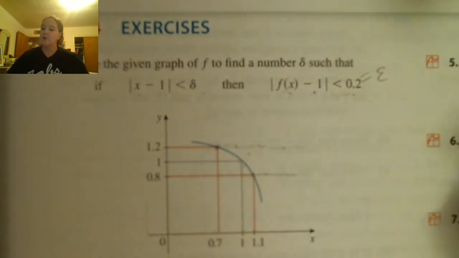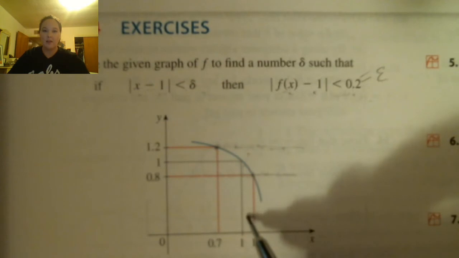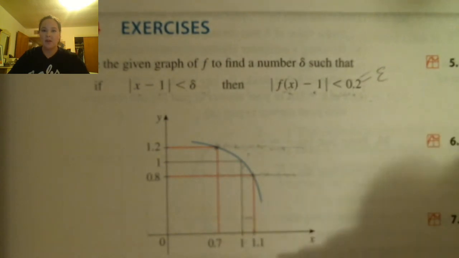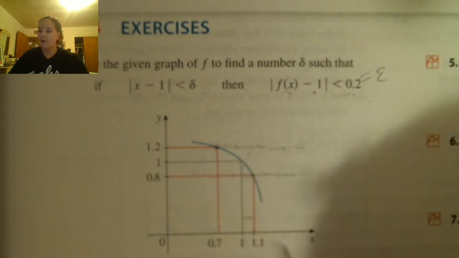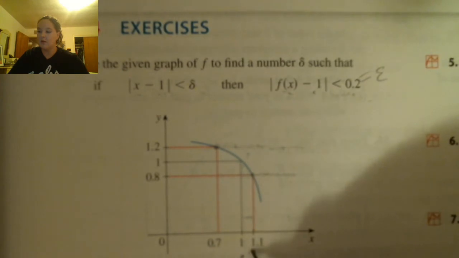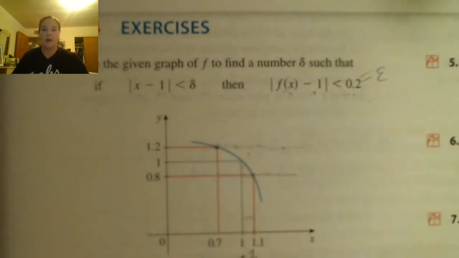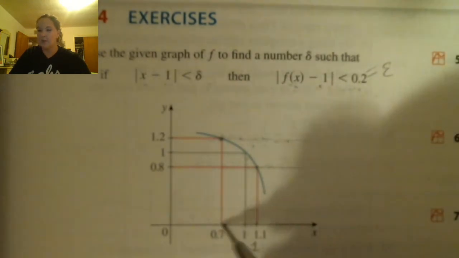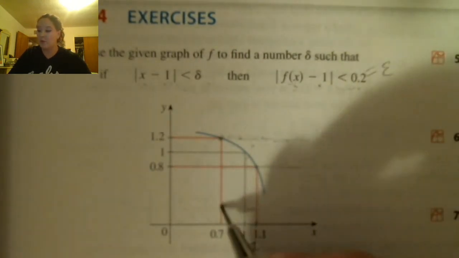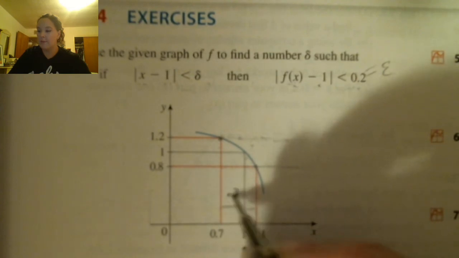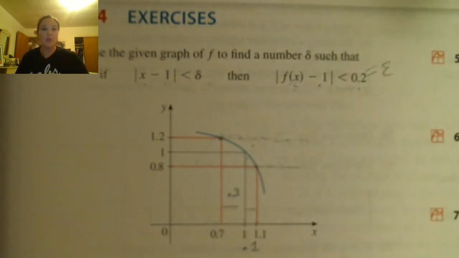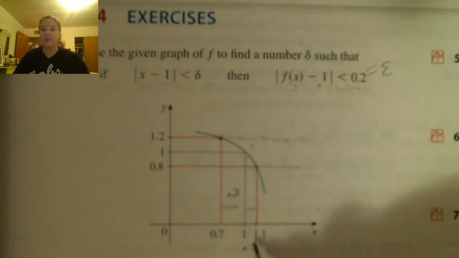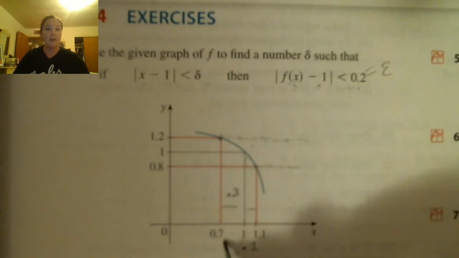So you can see that the error over here in x is just 0.1, while the error over here in x is between 1 and 0.7. That's 0.3. Because you're only allowed to pick one delta, you want one that's going to work for both the right side and the left side.